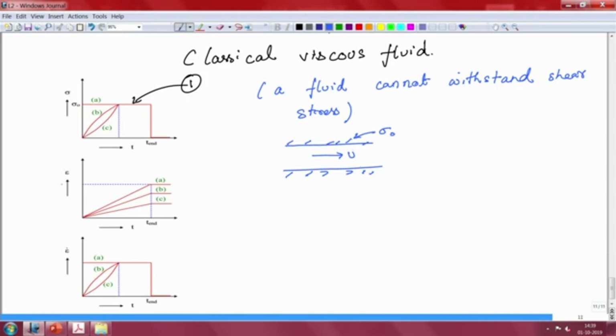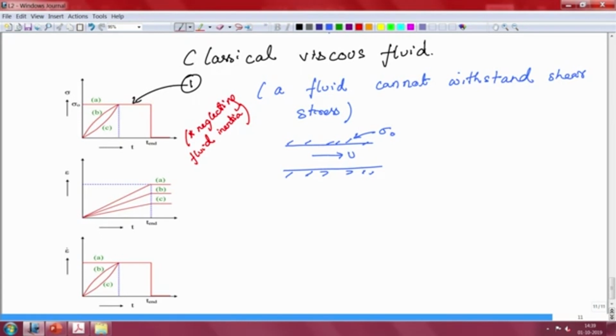So, your strain will keep on increasing for the duration of sigma naught, and if we neglect inertial effects, then this increase is linear. This is the diagram that has already been drawn for you. Please note that this neglects fluid inertia, so in a sense it is a very, very low Reynolds number condition.